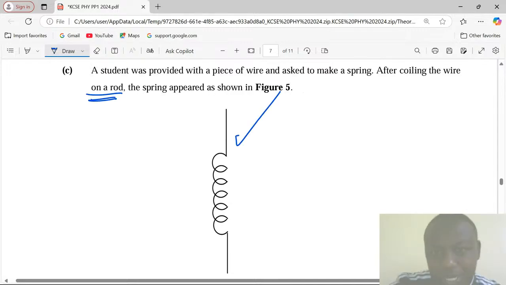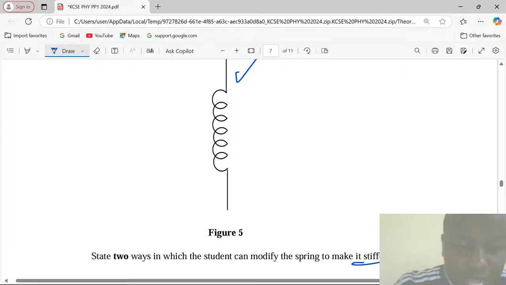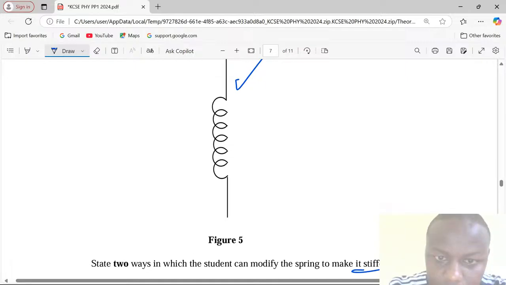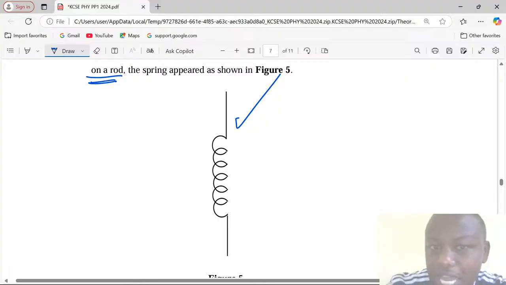So a spring has been made there, our figure 5. State 2 ways in which the student can modify the spring to make it stiffer or even stronger. That is the simple question. How can we modify to come up with a stronger spring? We use a thin rod so that we may reduce the diameter.